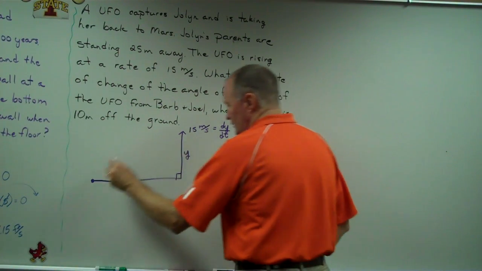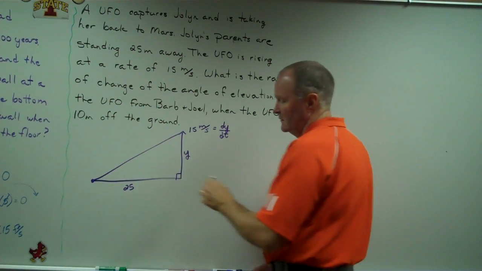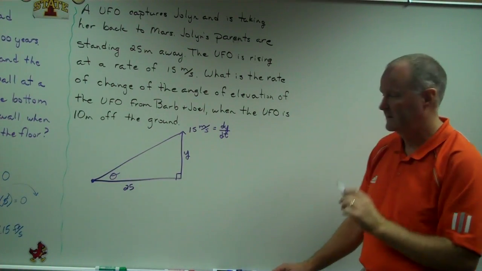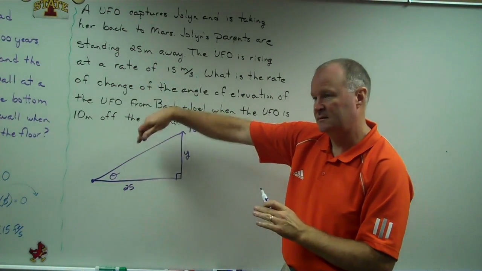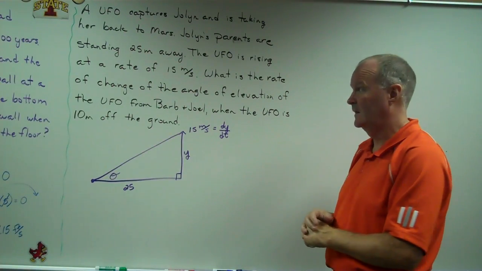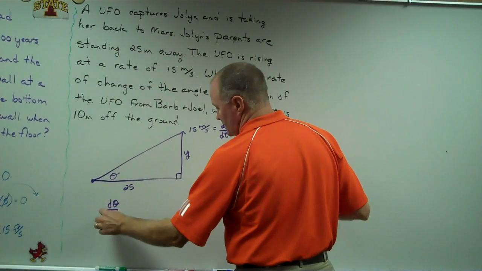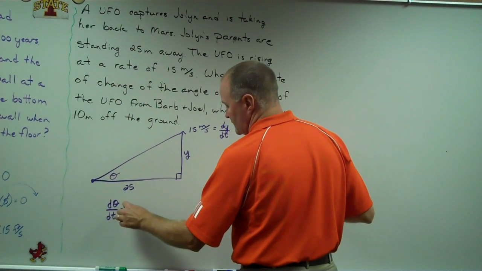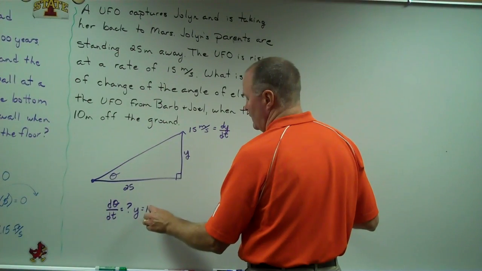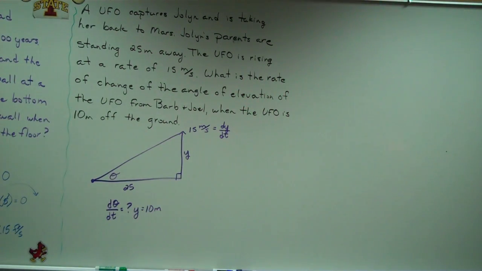They are looking directly at Jolene and waving bye-bye. And the angle of elevation is there, from the ground to the line of sight. And so we want to find, it says, when y is 10 meters, we want to find d theta/dt.